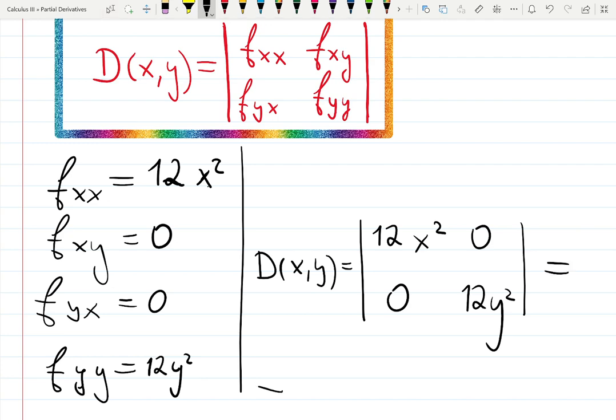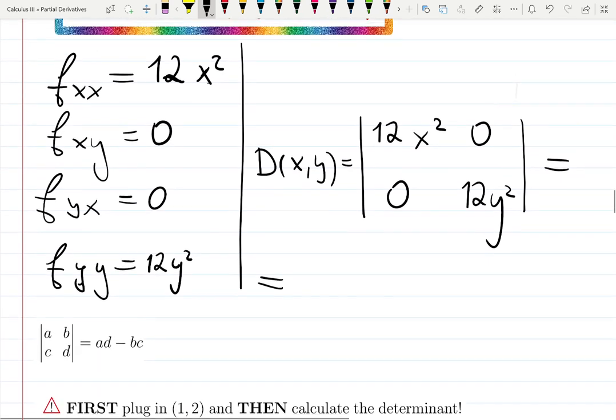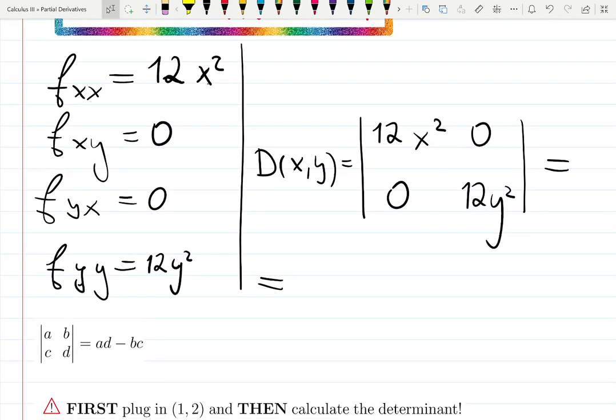Who knows how to calculate the determinant of a 2 by 2 matrix? It's fine if you don't, because I will remind you right now. We taught you how to do 3 by 3 just recently. It's actually the same idea. But there is an easier way to remember it.